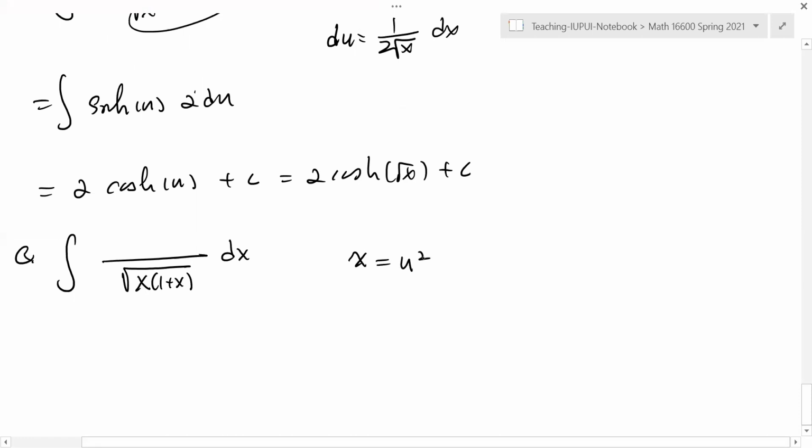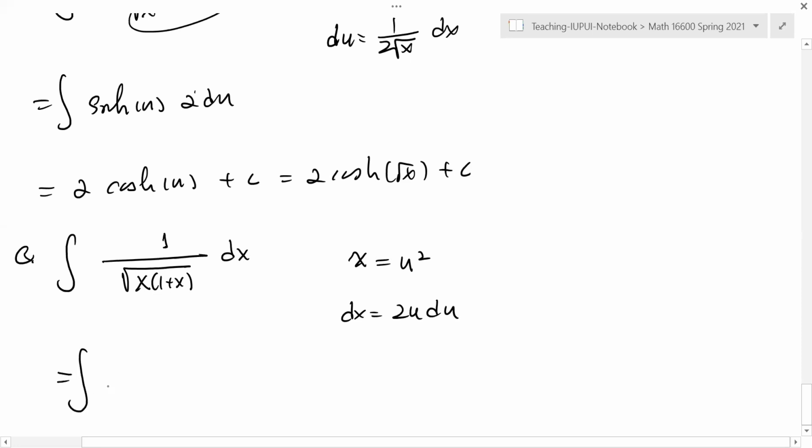We try this first. Or u equals square root of x. I'm not sure where we'll go with this, right? Then dx is 2u du, right? And that's fine.